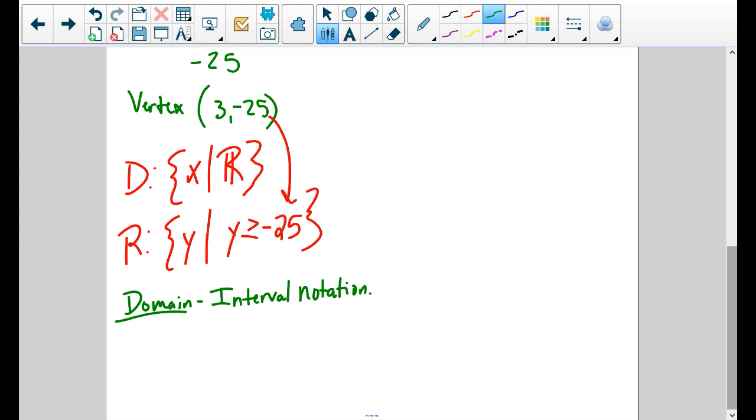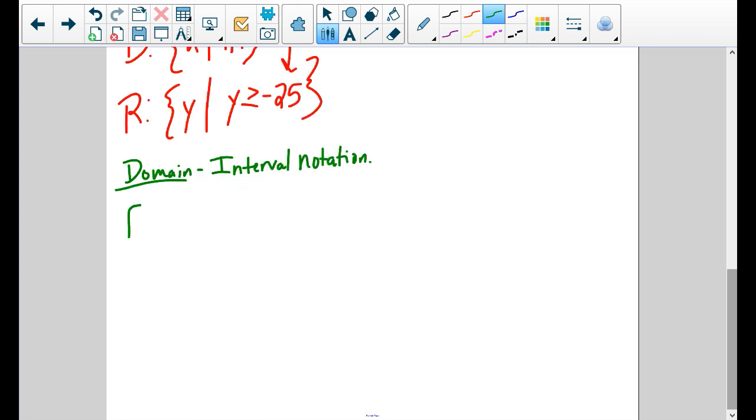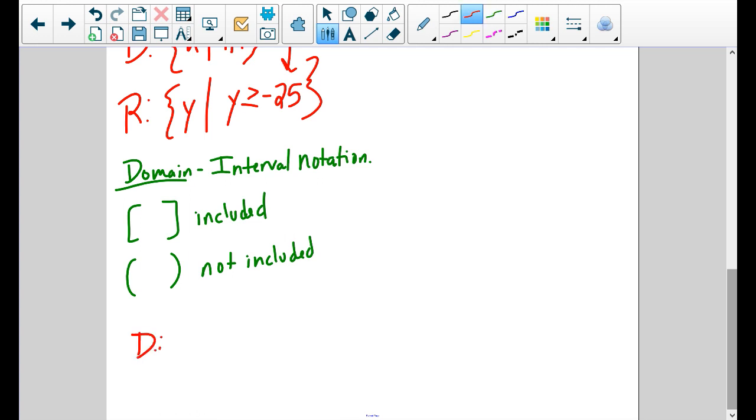Interval notation. So what is interval notation? It uses brackets for numbers that are included, and parentheses for numbers not included. When we look at all real numbers for our domain, we're including every single number.